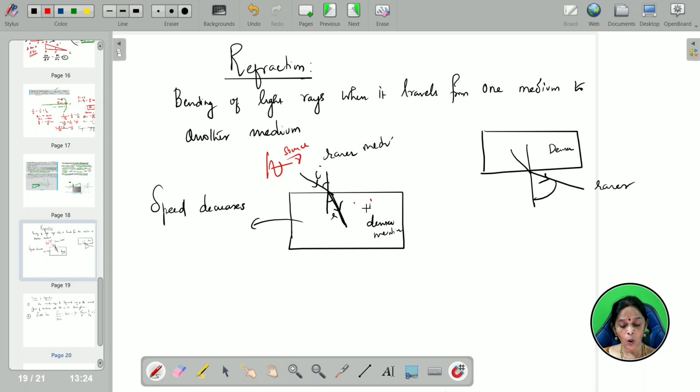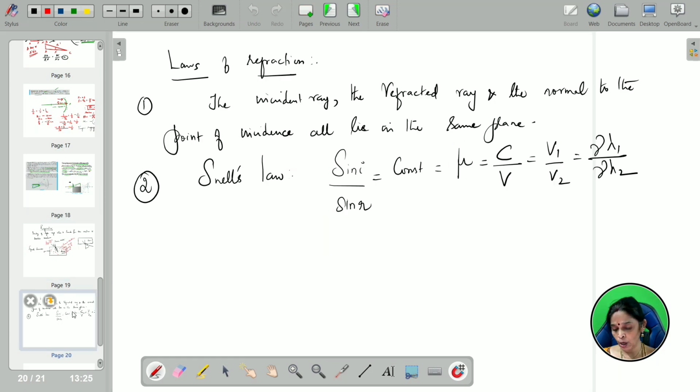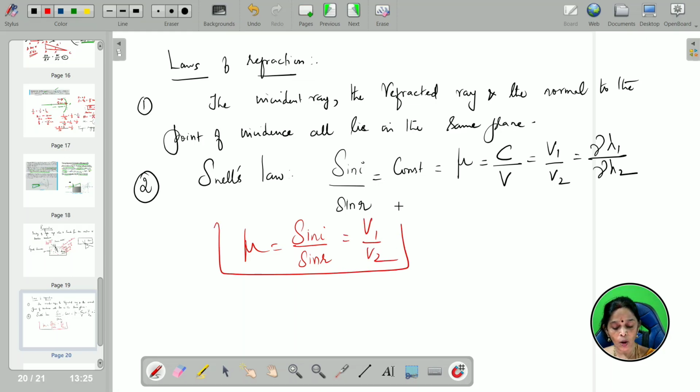But when it comes over here, all the molecules are set into forced oscillation at the same frequency as the source. Since they are in forced oscillation, they attain the same frequency of the source. Therefore, the frequency of the light does not change when it travels from one medium to another. So, I can write sin I by sin R is equal to mu, which is equal to V1 by V2. So, this is Snell's law of refraction.